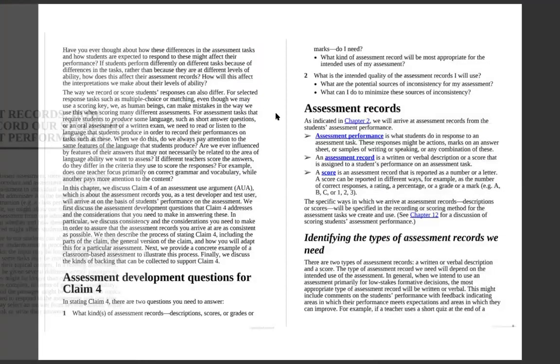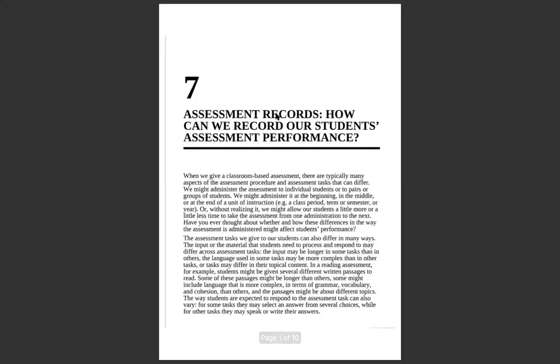Great. This is something that I think group 4 already presented. They talk about assessment records: how can we record our students' assessment performance?